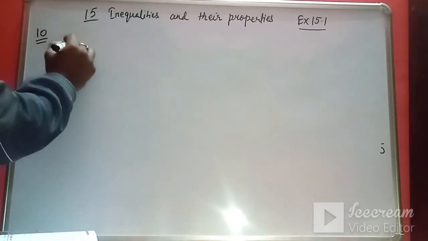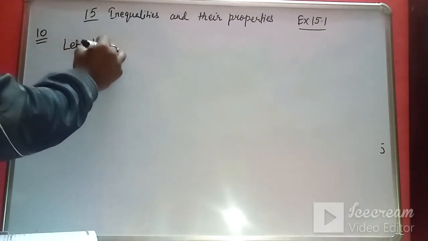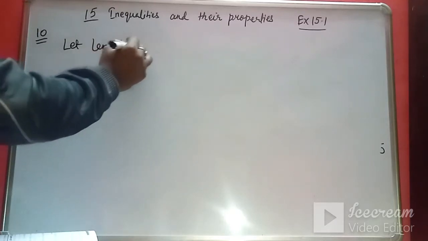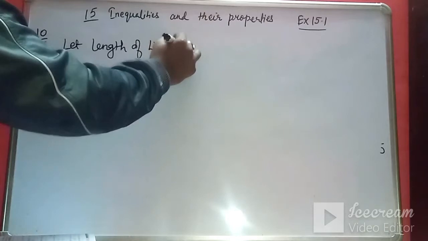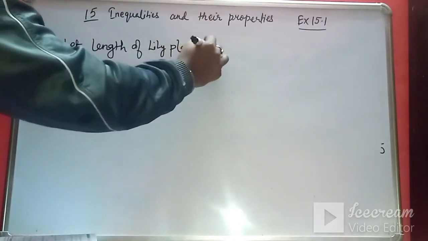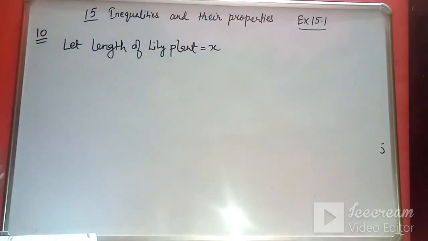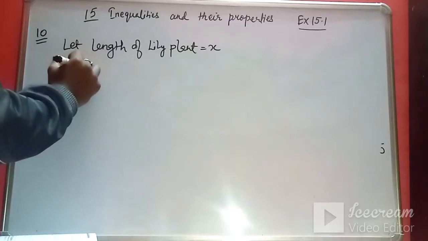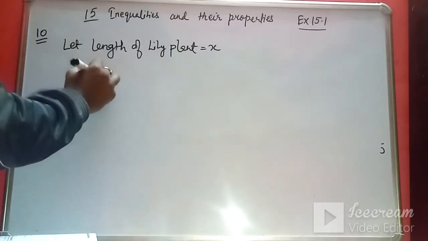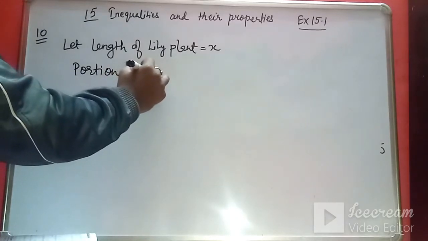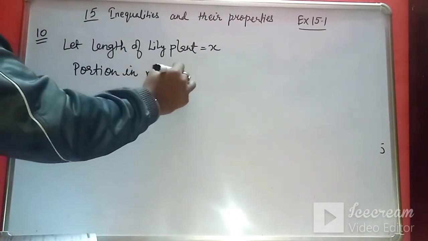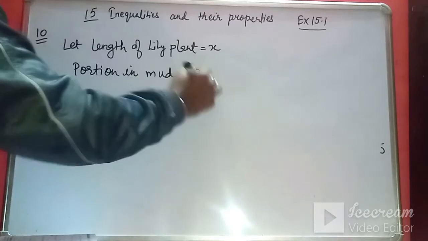So I will write, let length of lily plant is equal to x. So portion in mud is 1/4, that means x by 4.